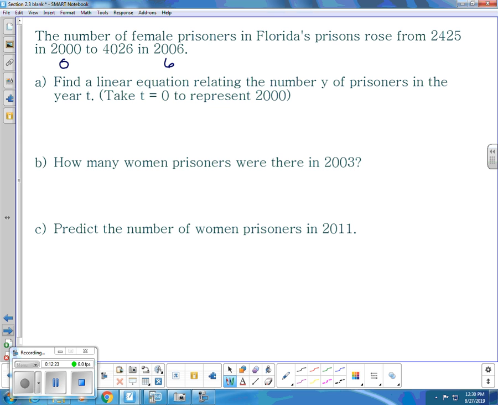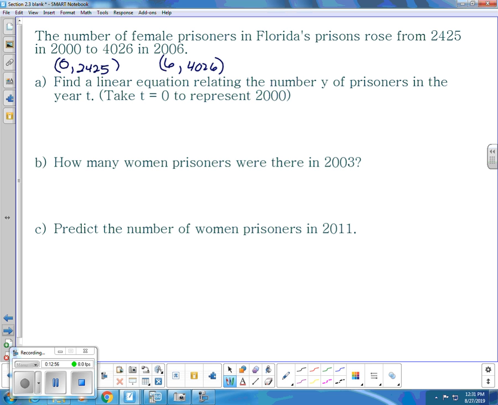So if I wanted to write this as a point, at year 0, my population is 2,425, and at year 6, my population was 4,026. Now, how do I know the time is my x and population is my y? What do you think is changing per something? Does that make sense? The population depends on the year you pick. So the population is your dependent variable. That's going to be your y.